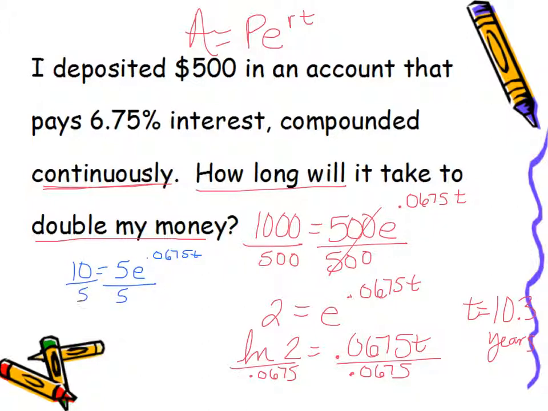You divide both sides by 5, and you have 2 equals e to the 0.0675t, and you are at the same place right here. So it doesn't matter if you start with $5 or $500. It's still going to take you 10.3 years to double your money. In our first scenario, we made quite a bit of money by doubling it. Here, we only went from $5 to $10. Still takes the same amount of time, though.